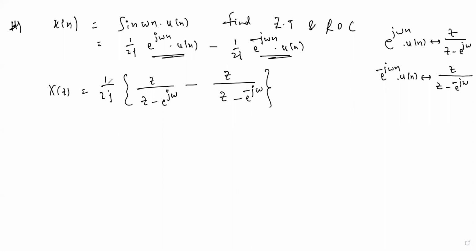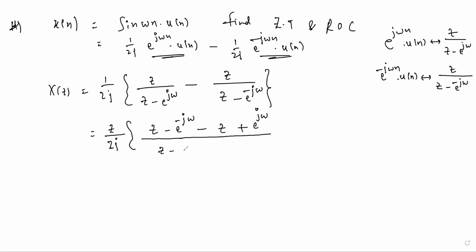So z we can take outside. Z by 2j, cross multiply: z minus e to the power of minus j omega minus z plus e to the power of j omega, divided by z minus e to the power of j omega multiplied by z minus e to the power of minus j omega. So we can further simplify this one, but here cancellations are there.